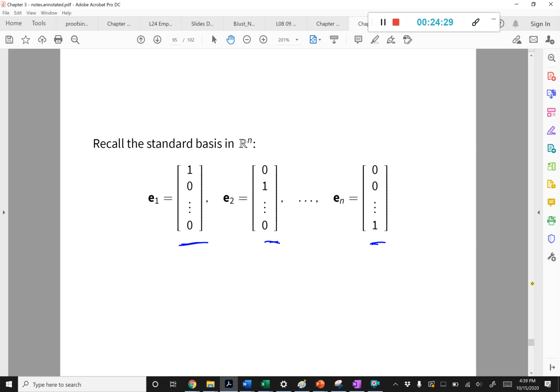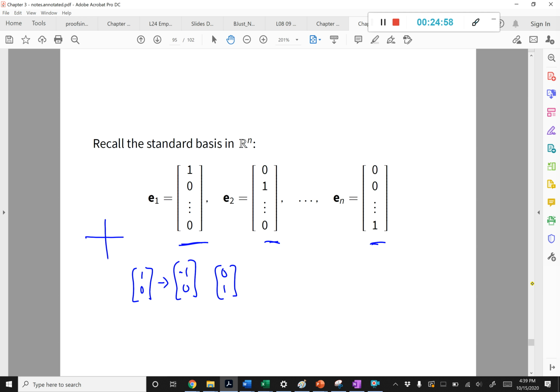If I want a matrix to rotate 180 degrees, then to figure that out, I just have to figure out where does 1, 0 go, and where does 0, 1 go. If I rotate it around the origin 180 degrees, well, 1, 0 goes to -1, 0.